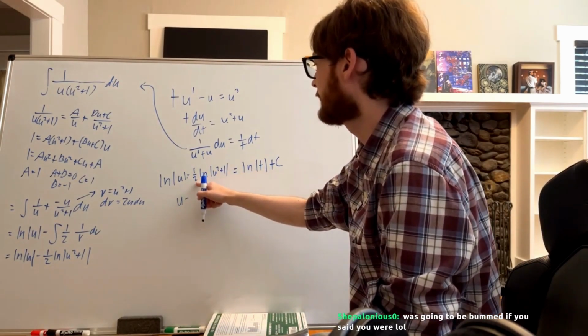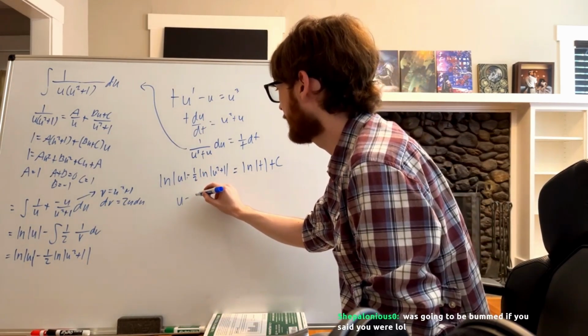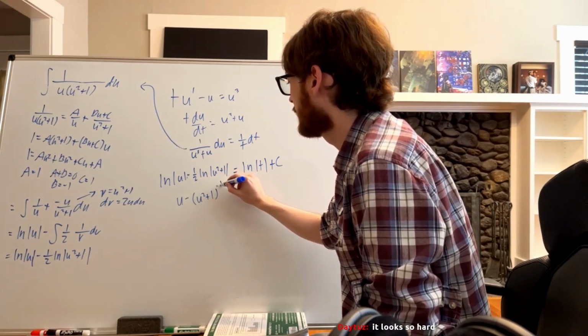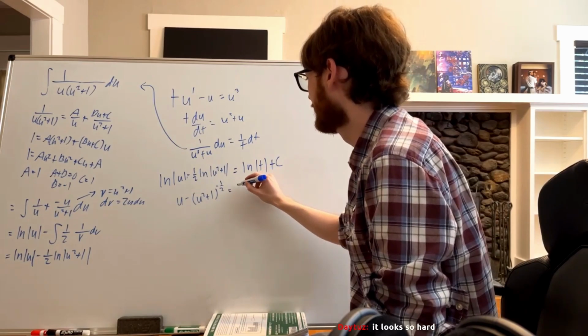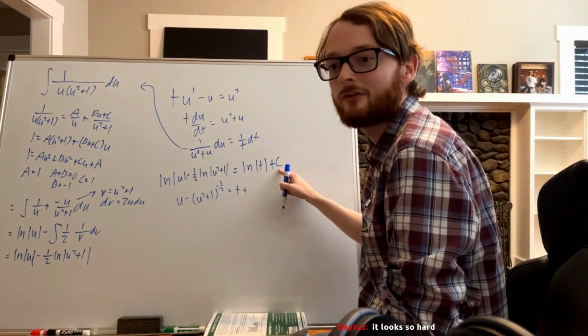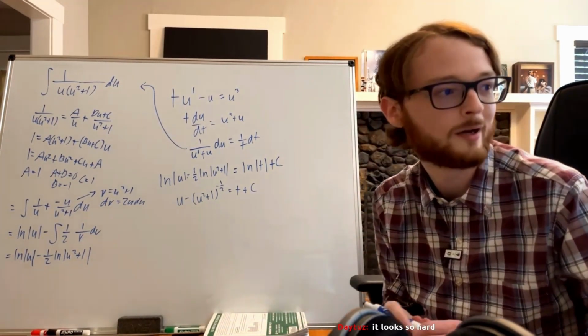Now the 1/2 in front is going to become an exponent, which kind of sucks. Maybe that's what Alti meant with this one being messy. And it's a minus 1/2 too. The plus c just becomes a constant, and e to the c is still a constant, so I'm just going to still call it c. It's technically bad form, but it doesn't actually matter.